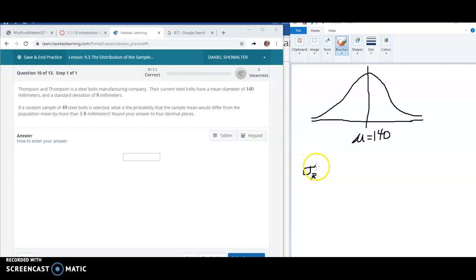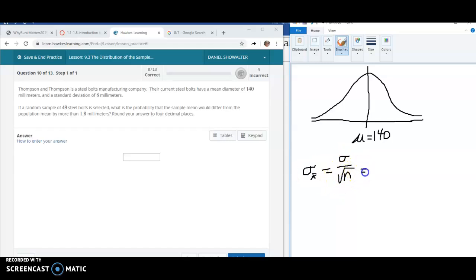So the standard deviation of sample means is equal to the population standard deviation divided by square root of the sample size. And the variance of the sample means would be equal to the variance over the sample size, but we're just going ahead and taking the square root of both sides there.